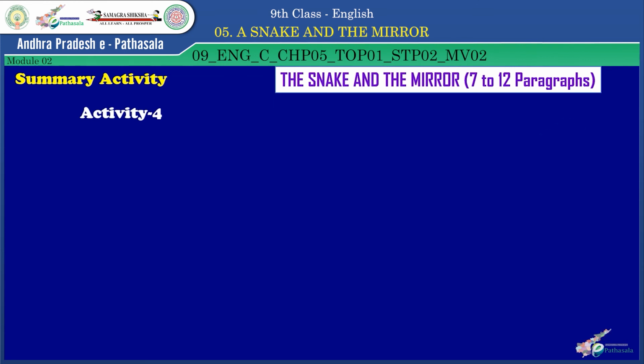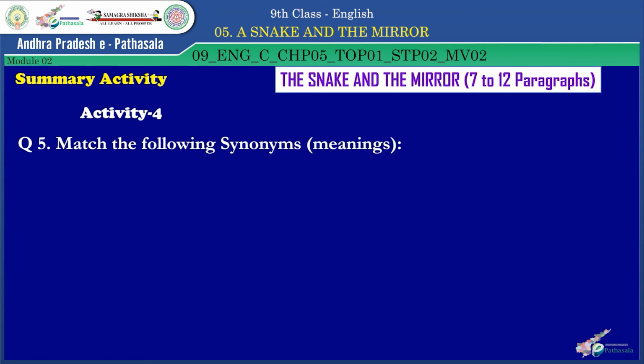Congratulations. Fifth question under this activity once again is match the following synonyms or meanings. Yeah, my dear students, 2 sets will be given, a word and its synonym. The first word given is tremble. Second, slither. Third, companion. Fourth, reedy. These are the set of words.